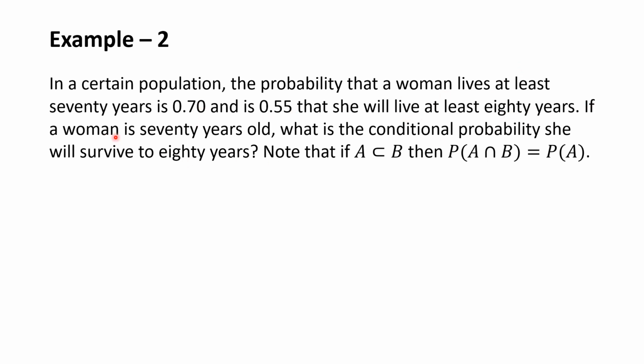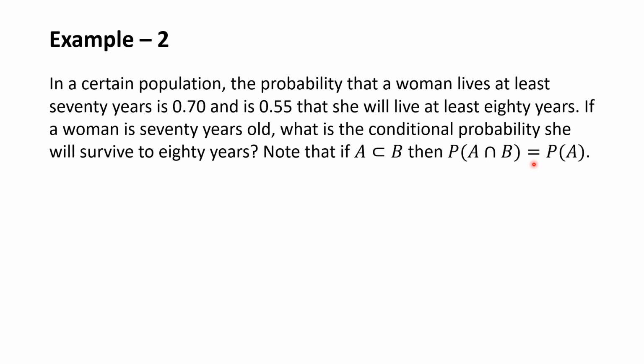If a woman is 70 years old now, what is the conditional probability she will survive to 80 years? And we note here that in general, if event A is a subset of event B, then the probability of A intersection B is the probability of A. So we'll need that to solve the problem.